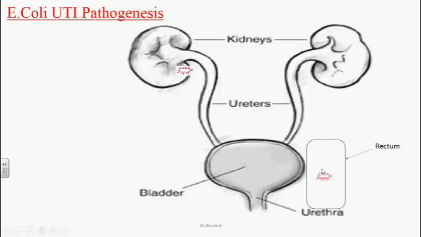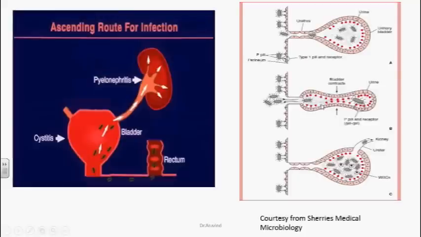So the organisms enter into the urinary tract, the urethra, and go to the kidneys, and can cause pyelonephritis. So here we can see the diagrammatic representation.